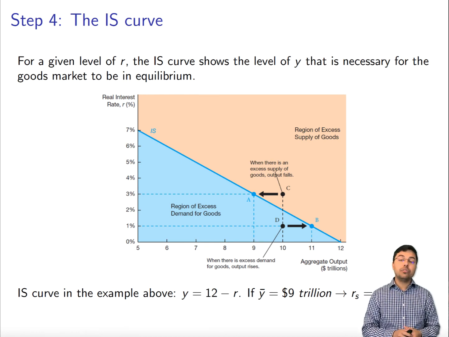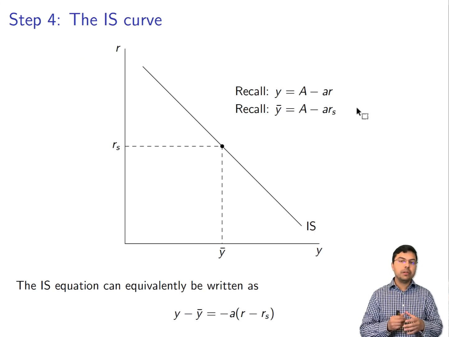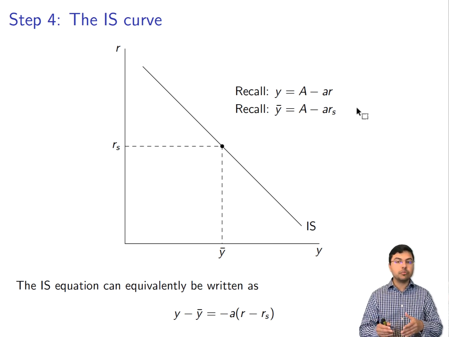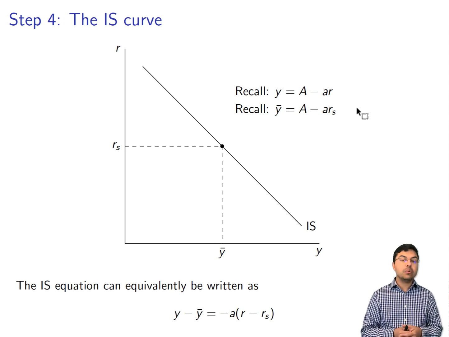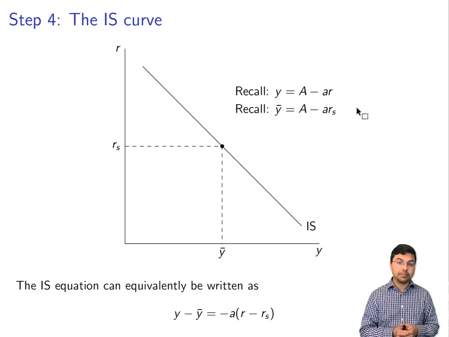Now, if we recall from the previous slides, the IS equation is Y equals capital A minus a times R, and we have the equilibrium output Y bar at the stabilizing interest rate RS. If we subtract the second equation from the first, we get Y minus Y bar is equal to minus a times R minus RS.